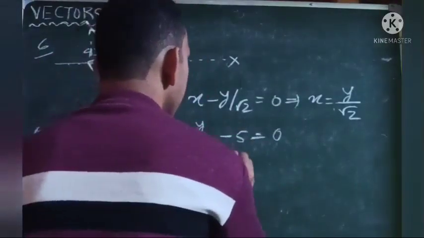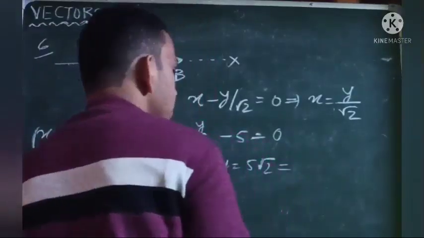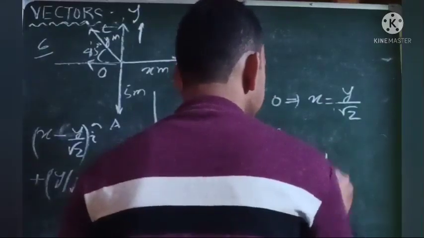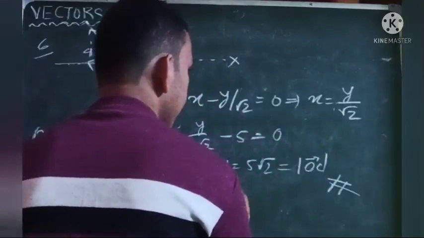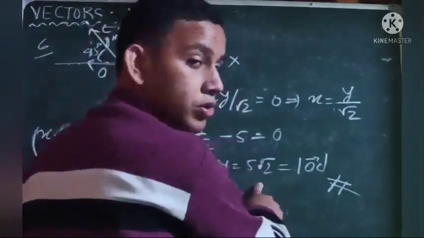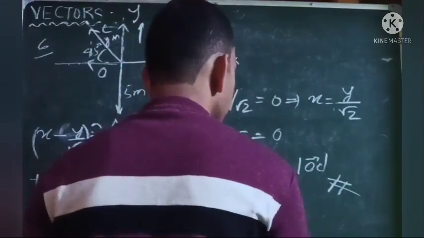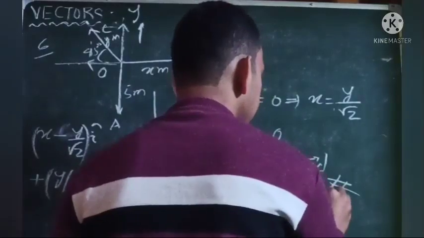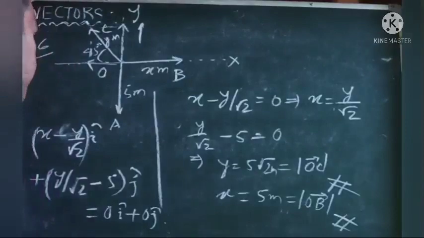From here we get y equal to 5 root 2, which is the magnitude of OC vector. This is one answer. And from here x is equal to y upon root 2, that means 5 root 2 upon root 2, which is equal to 5 meters. This is the magnitude of OB vector. This is another answer. Hence we have determined both.